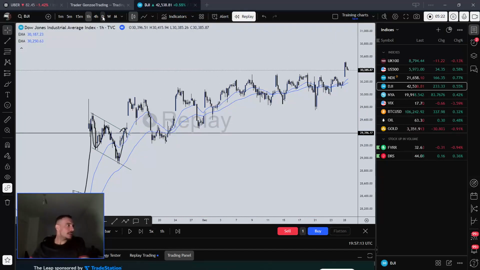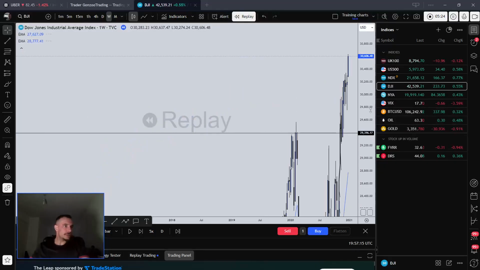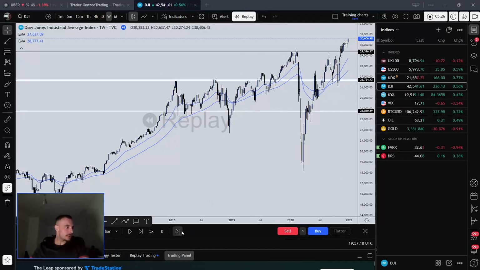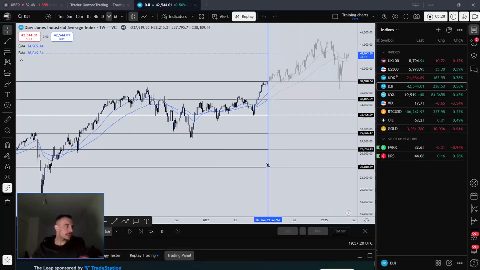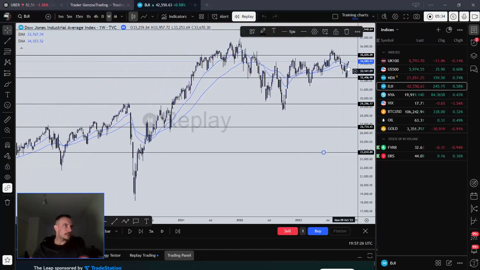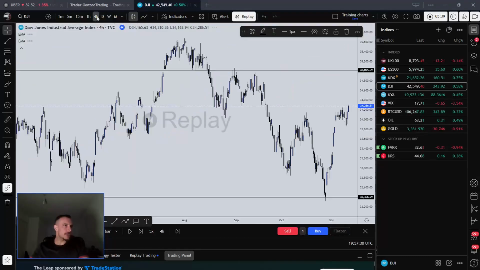Same thing to the downside. If we go on the weekly again, let's see another resistance there. We do have a reaction from this area. We go down to the 4-hour time frame.